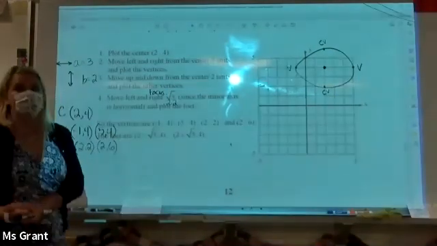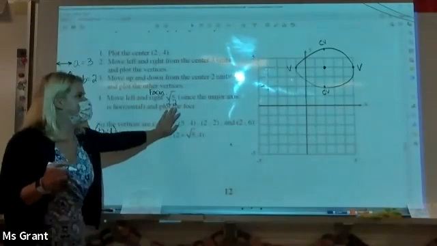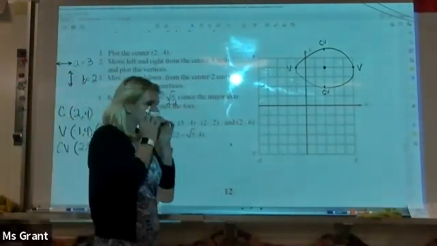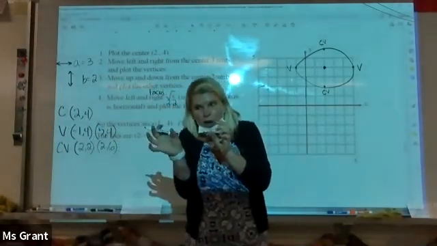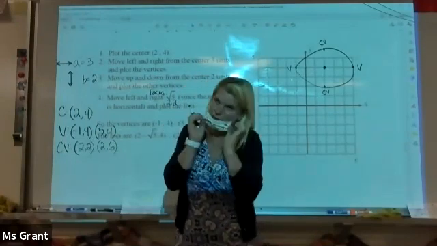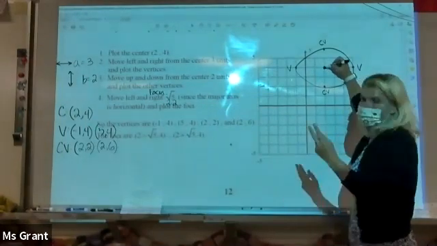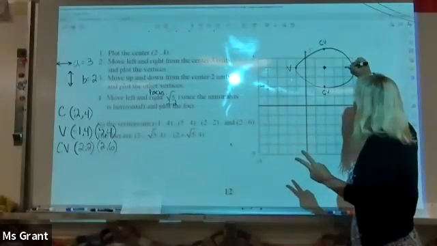Now, my foci. I know that my foci is rad 5 away from the center. So I'm going to say this again slow. My focus is 2.2 on the left side of my center and on the right side of my center. So I'm going to go over 2.2. So it's like I'm already at 2, right? So I'm going to go over 2.2 more.